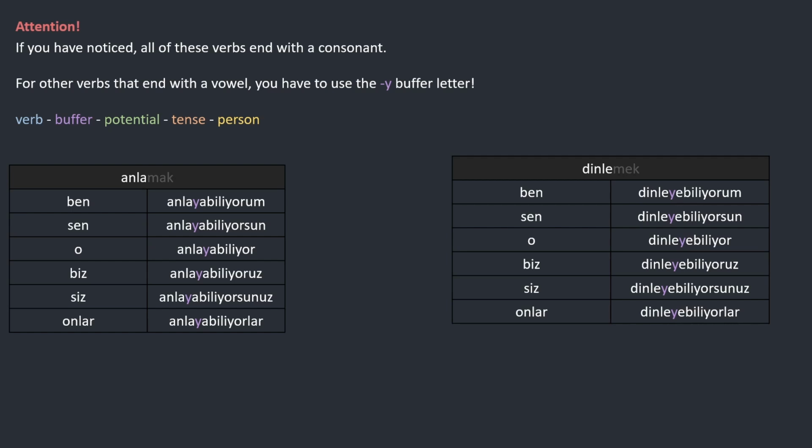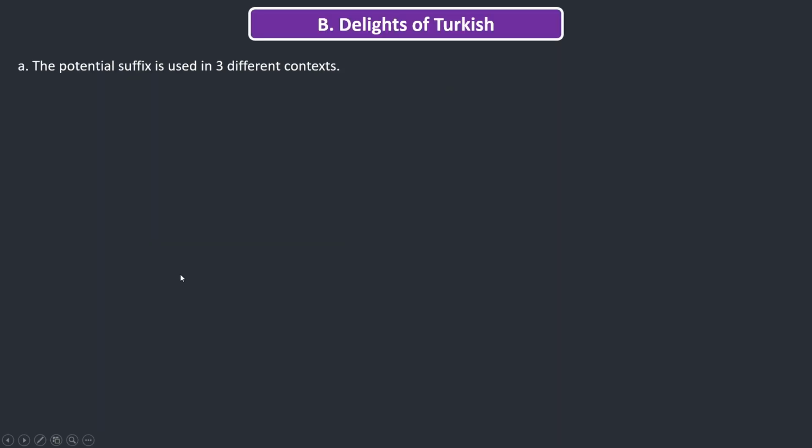Okay, so now the delights of Turkish parts. As you can read in the title, the potential suffix abil can be used in three different contexts. And what are those contexts? What are those meanings?